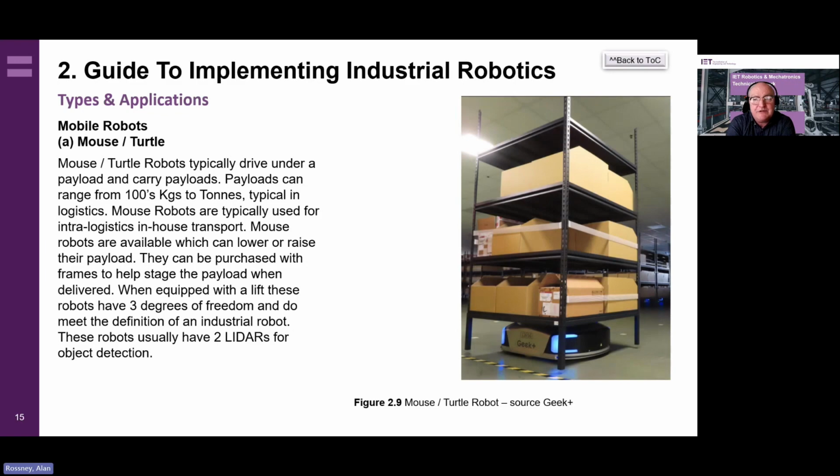And when equipped with a lift, these robots have 3 degrees of freedom and do meet the definition of an industrial robot. These robots usually have 2 lidars for object detection, front and back, and they have very neat turn radiuses, which makes them ideal for small spaces.